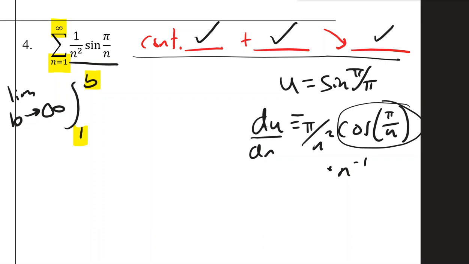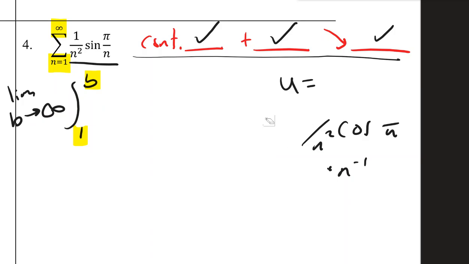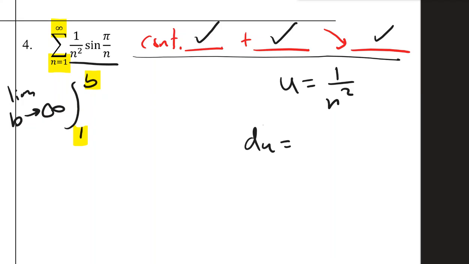I'm never going to be able to put a du there because it's got cosine, and there's nothing there. So pick a different u. 1 over n squared. Okay, if we try 1 over n squared, then du would be negative 2 over n cubed dn. I don't see how I'm ever going to get sine stuff there. So no problem, just pick a different u.